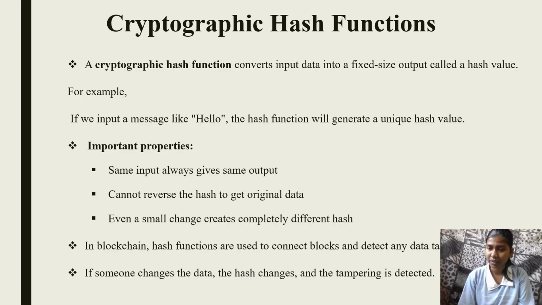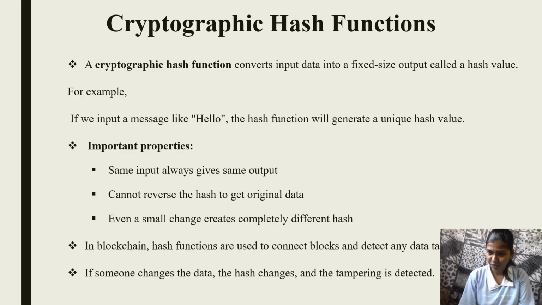Suppose we want the hash value of hello and we change only a single letter, then we will get a completely different hash value. Then in a blockchain, hash functions are used to connect blocks and detect data tampering.